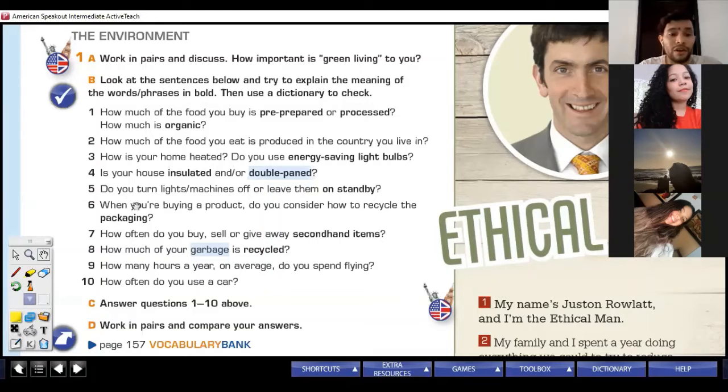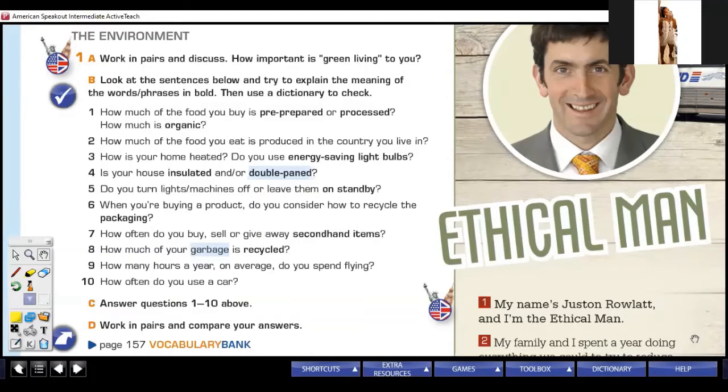Number 6, when you're buying a product, do you consider how to recycle the packaging? Packaging. What is that for you? What do you think it means? Go ahead, Miss. I think that it is the material that we use to protect things or objects.